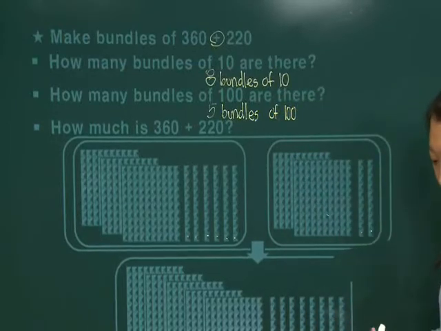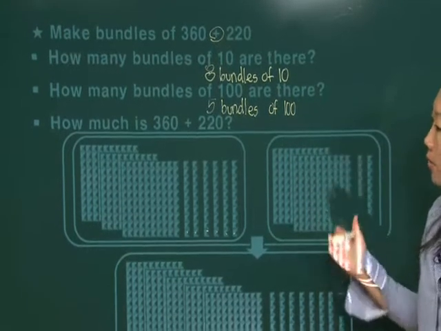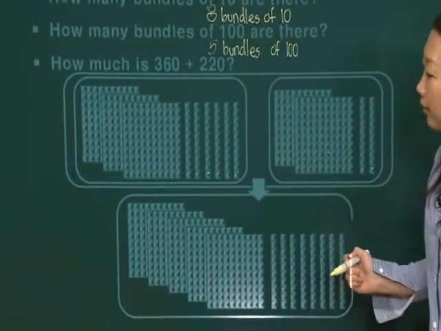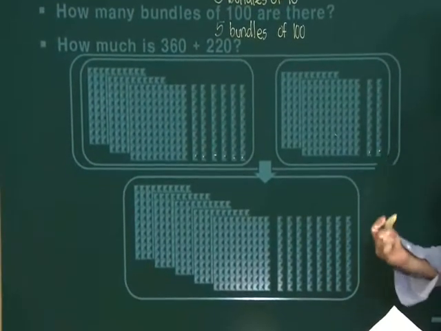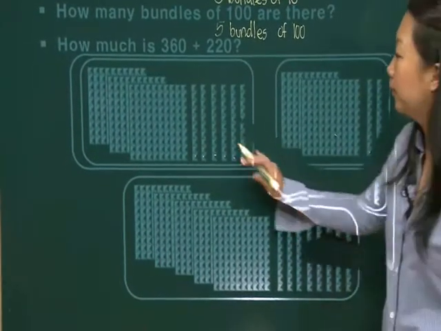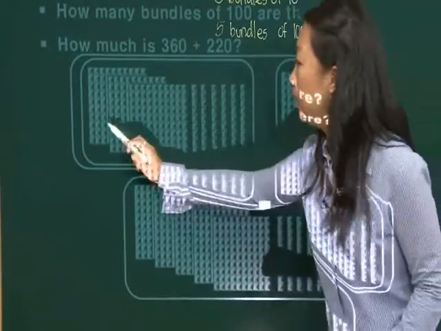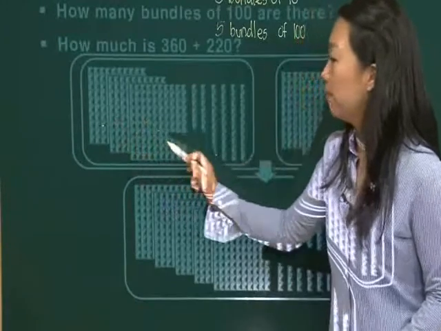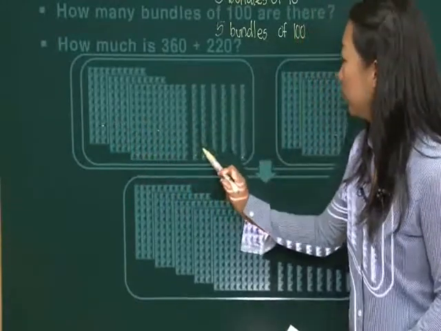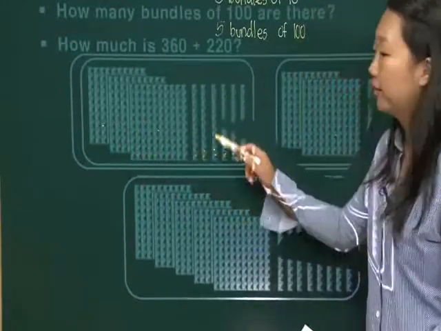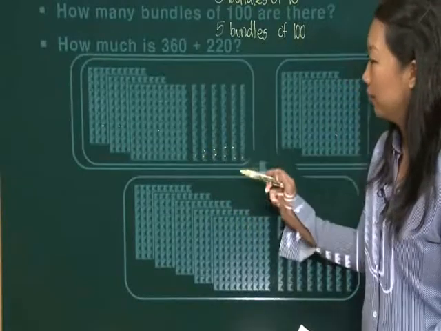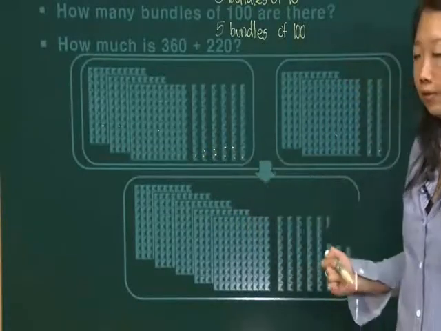Okay? So the next question is, how much is 360 plus 220? As you can see, this will be 360. Why? Because we have 3 bundles of 100 and 6 bundles of tens. So in total, that'll be 360.